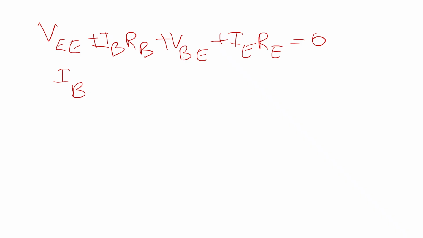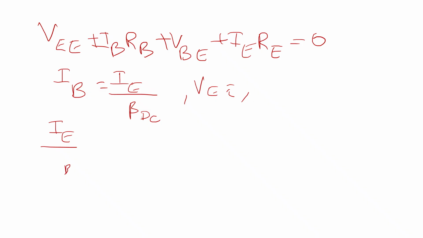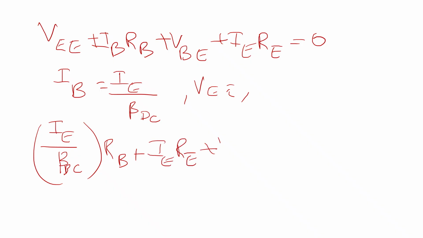As we know, IB is equal to IE divided by beta, the current gain, and transposing VEE, we'll solve it like this: IE divided by beta DC into RB plus IERE plus VBE is equal to minus VEE.